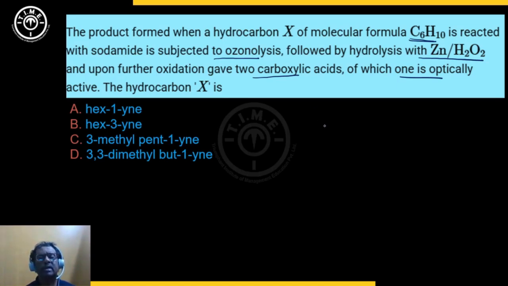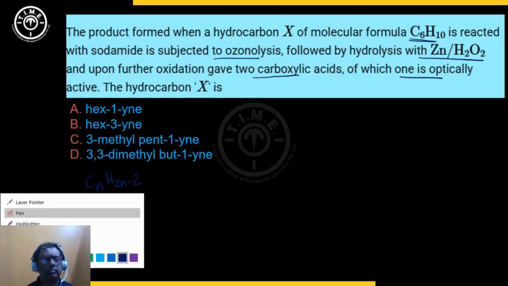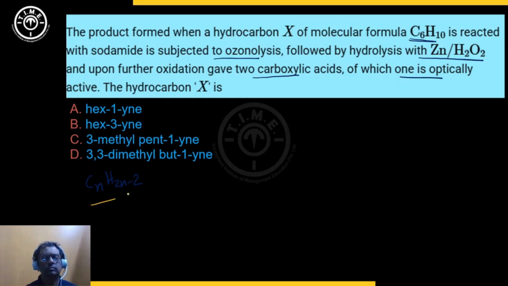Hex-1-yne we'll first try. So all these are CnH2n minus 2, correct? So start with hex-1-yne. 1, 2, 3, 4, 5 and then the sixth one. This is C6H10. Is reacted with sodamide and subjected to ozonolysis.